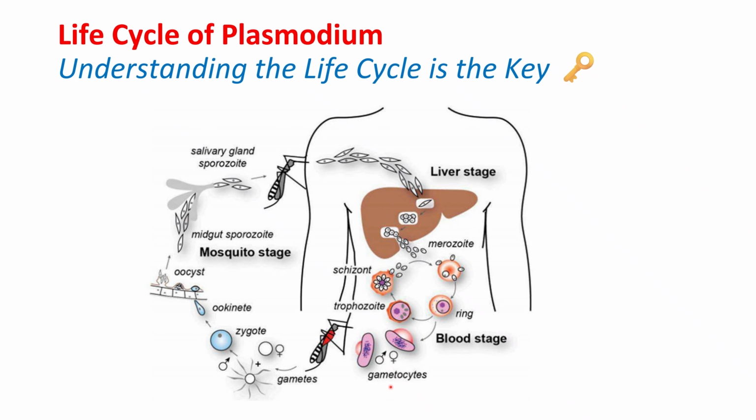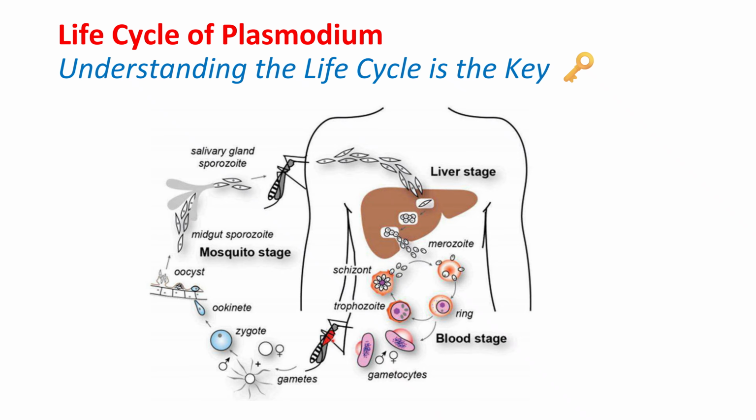Now comes gametogony, that is, some parasites in RBCs develop into gametocytes, male and female. These are the infective forms to mosquitoes. Now we will discuss the mosquito stage. When a mosquito bites an infected person, it ingests these gametocytes.